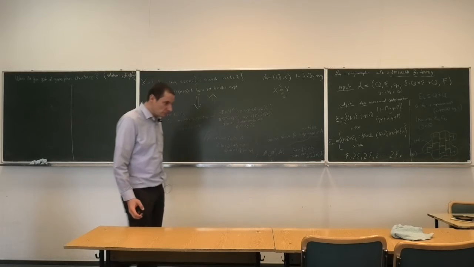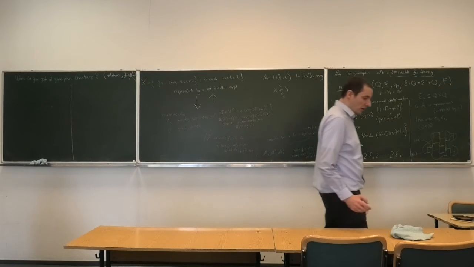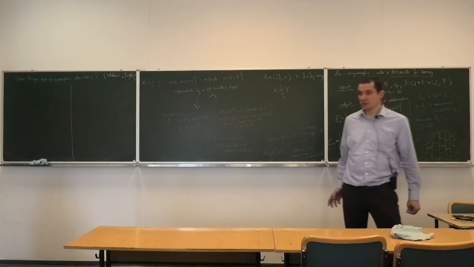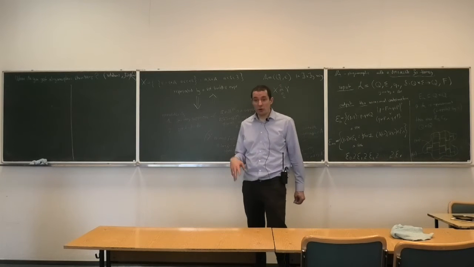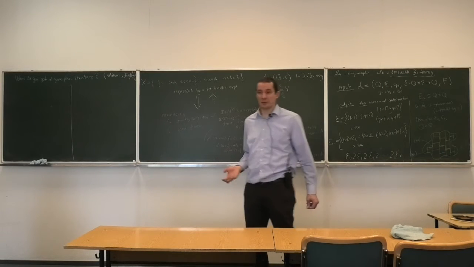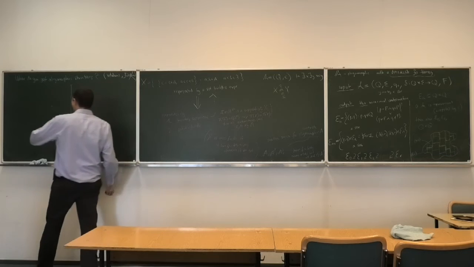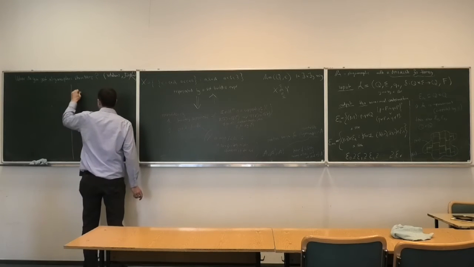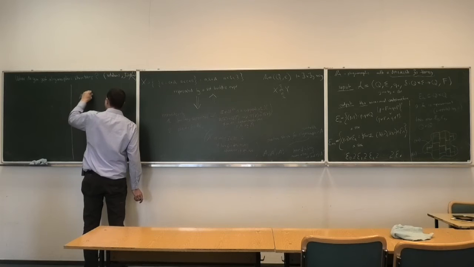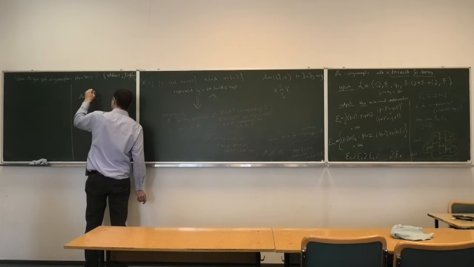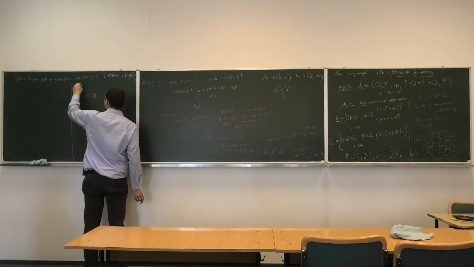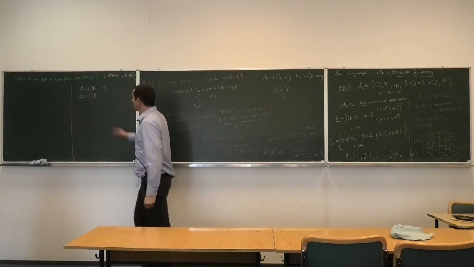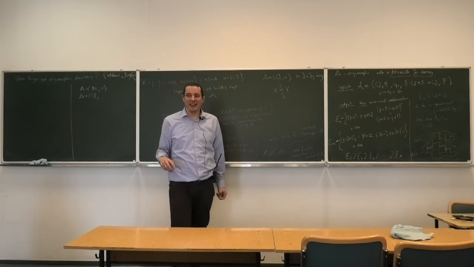I will give you a list of structures which are oligomorphic, but in fact have a stronger property. So one is the one we have: natural numbers with equality.